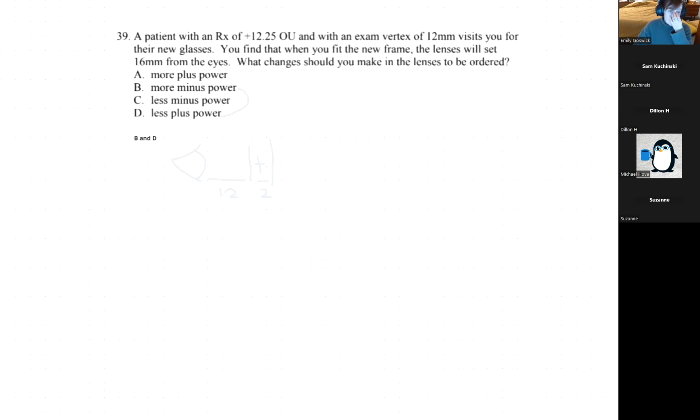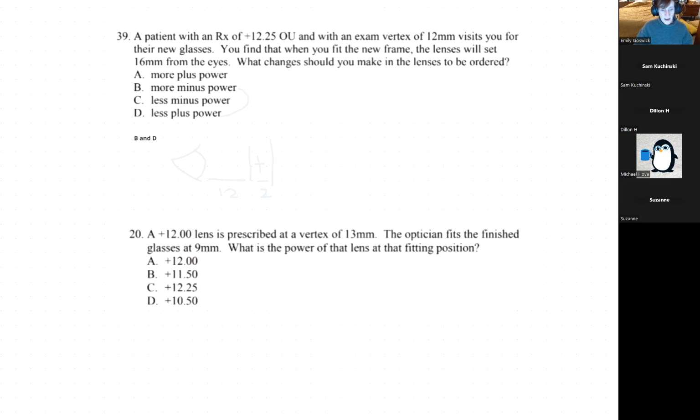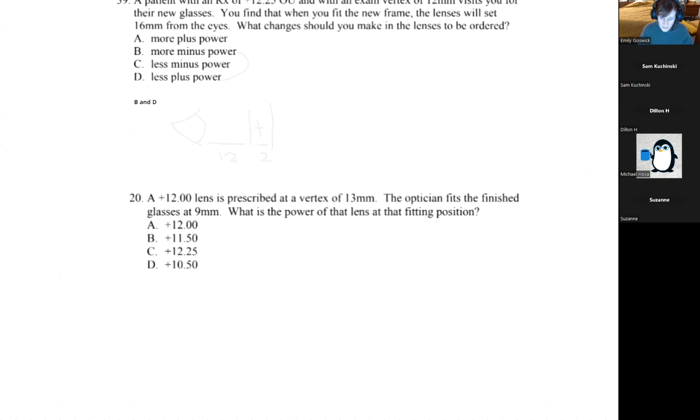One other thing, just for practicality: the reason these vertexing questions are about high power lenses is because vertexing really only makes a huge difference at higher power lenses, right? So you're not going to be super worried about this. If you fit contacts, you know this. It's not something you're really even considering much until the 4 diopter mark, right?